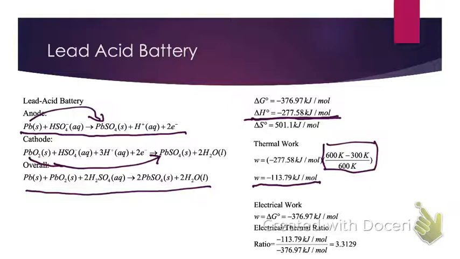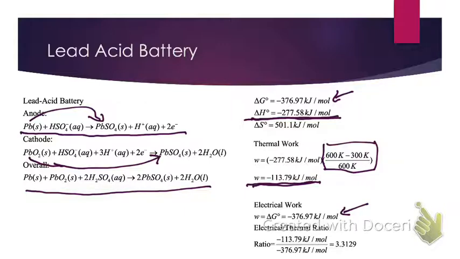On the other hand, if we calculate the amount of work we would get if it's electrical, we use delta G, because remember, delta G represents the maximum electrical work we can get from the system. So if delta G is negative 376.97, you'll see that we get quite a bit more electrical work out of the system than would be the case if we had a thermal engine with a 300-degree temperature differential in this circumstance.